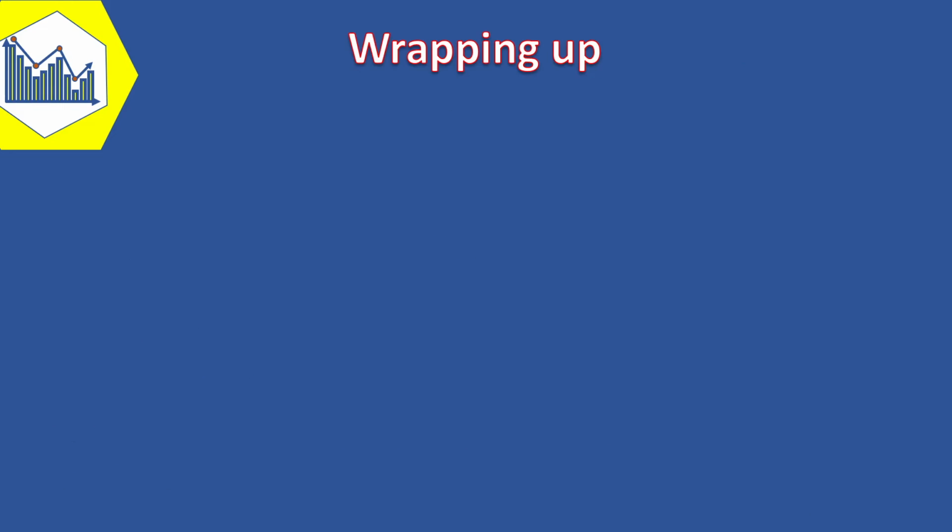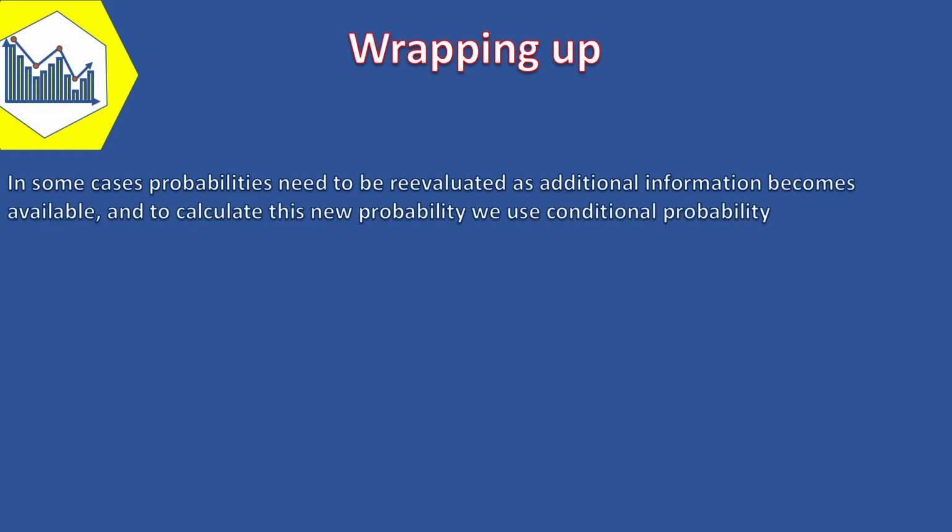Now, it's time to wrap up the video by reviewing what we have learned so far. First, we saw that sometimes probabilities need to be re-evaluated as additional information becomes available. And to calculate this new probability, we use a concept called conditional probability.